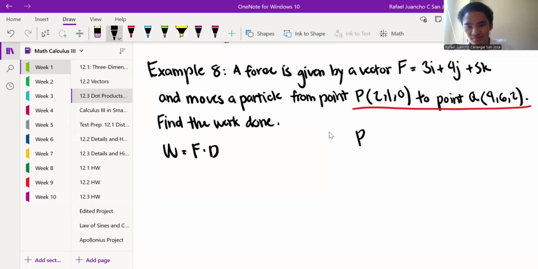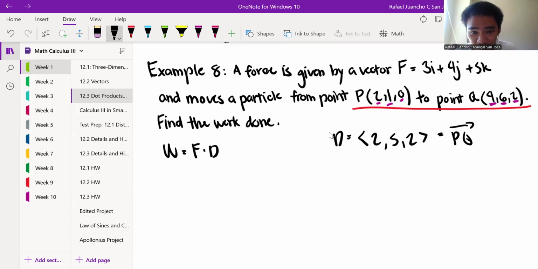We have P, this point, and Q. We're basically subtracting each of their values. This minus this for the x component, this minus this for y, this minus this for z. And so from there, our displacement is just going to be a vector: 4 minus 2, 6 minus 1, 2 minus 0, which is 2, 5, 2. That's it.